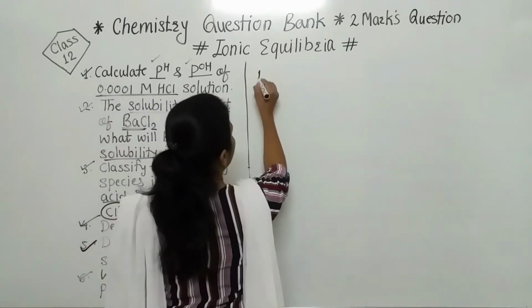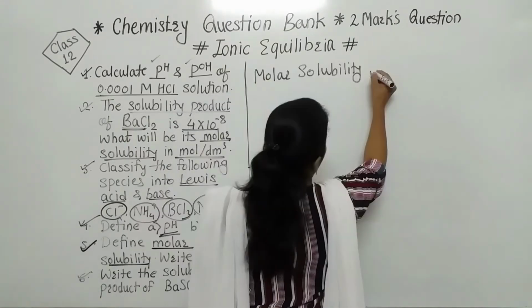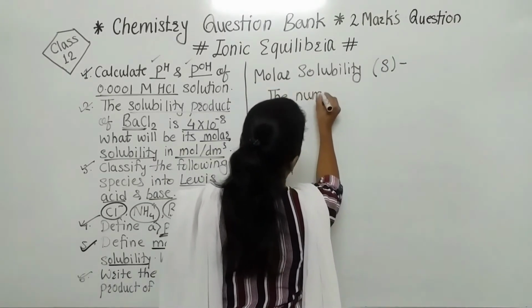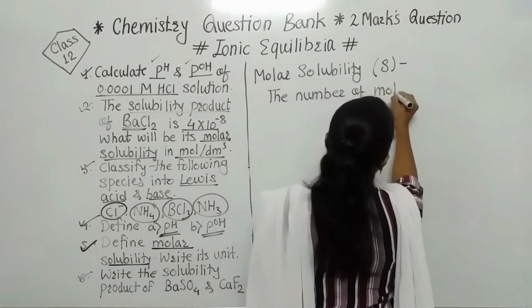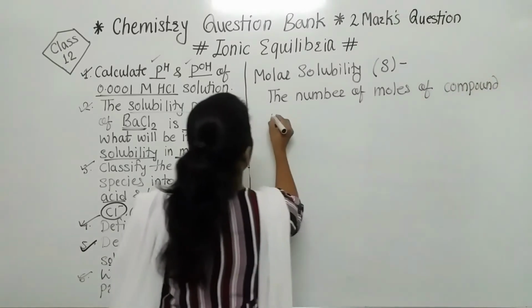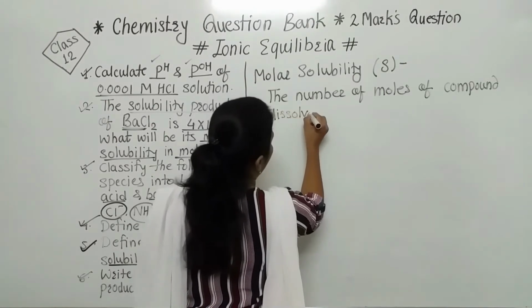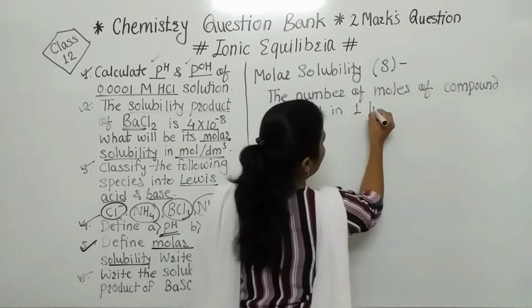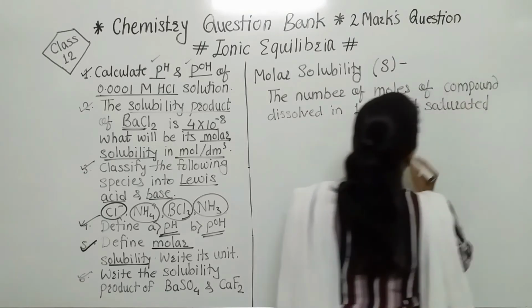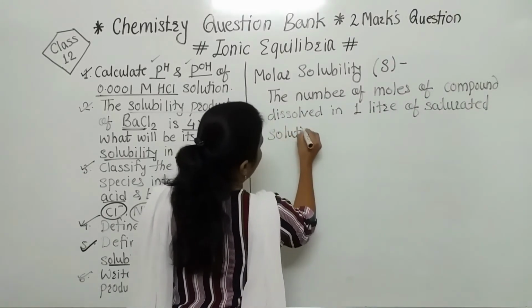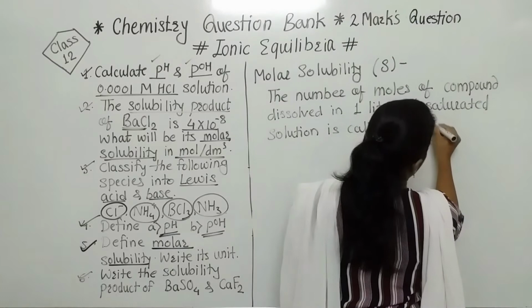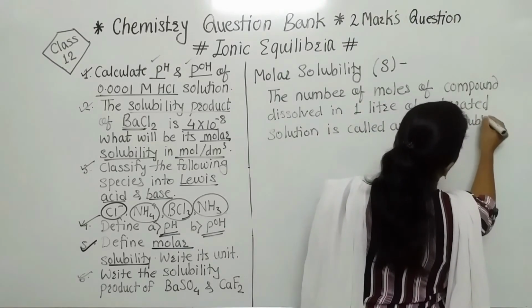Here for 1 mark we have to write the molar solubility definition, denoted by the symbol capital S. The number of moles of compound dissolved in 1 liter of saturated solution is called molar solubility. So this is the definition for the 1 mark.